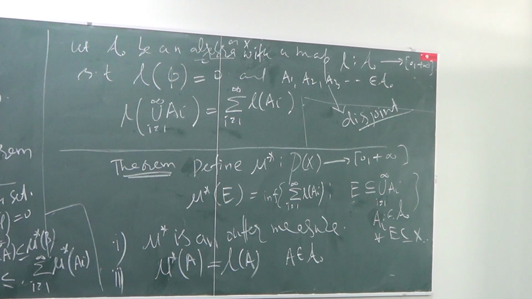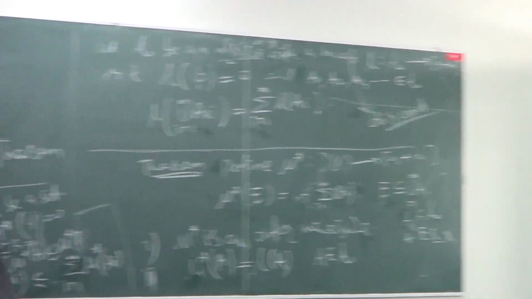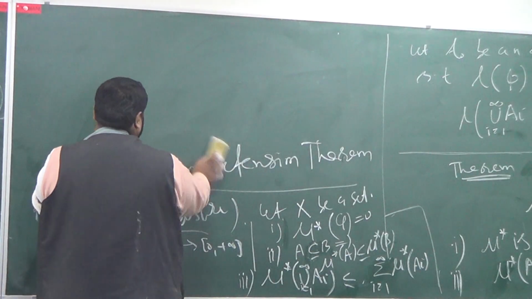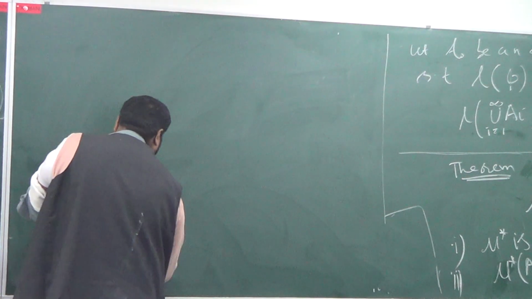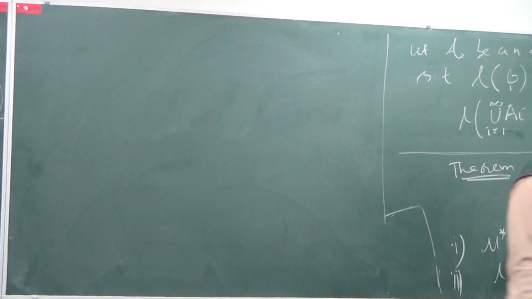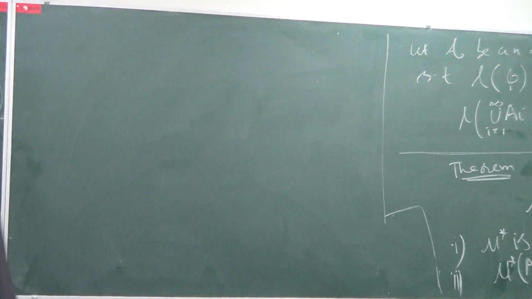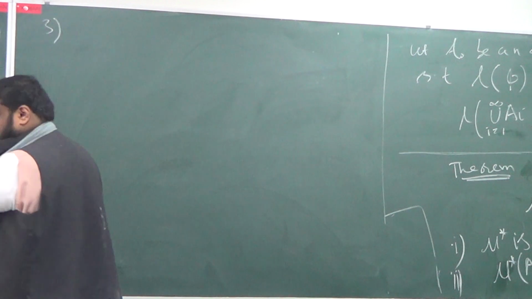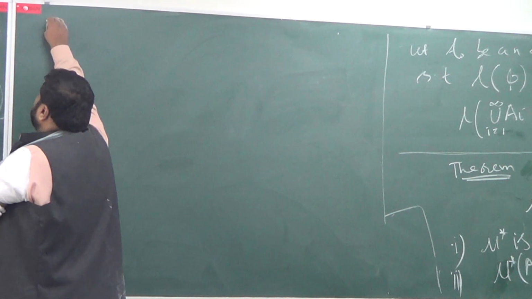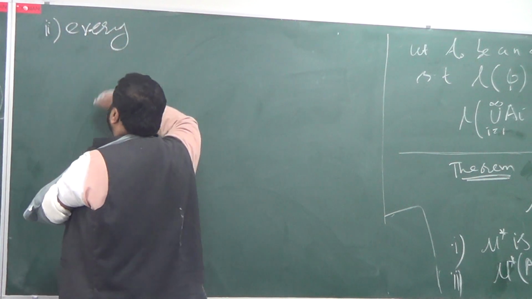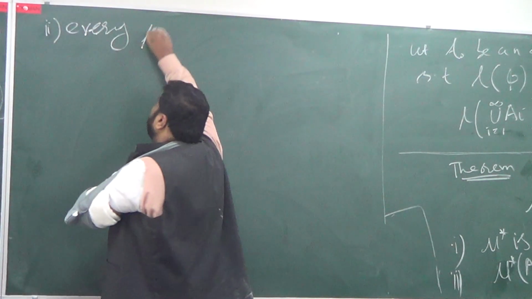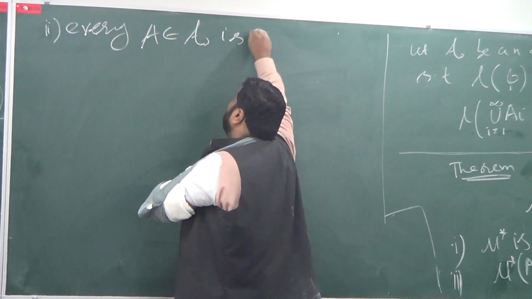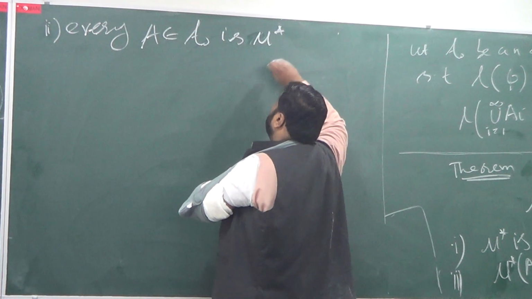The third part is that every A from A naught is mu star measurable.